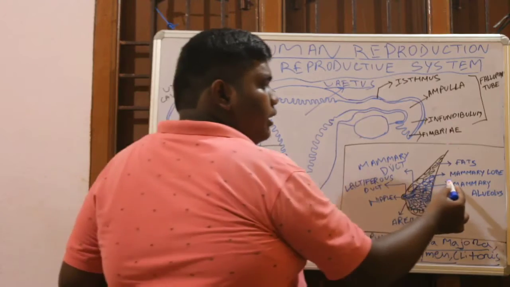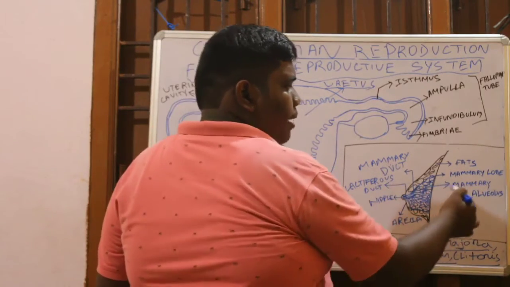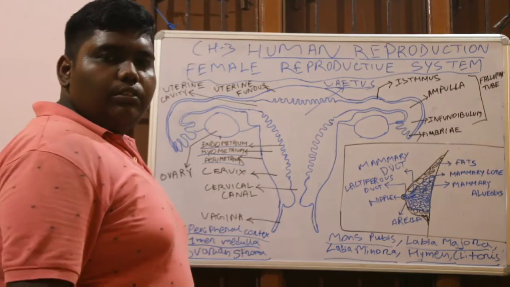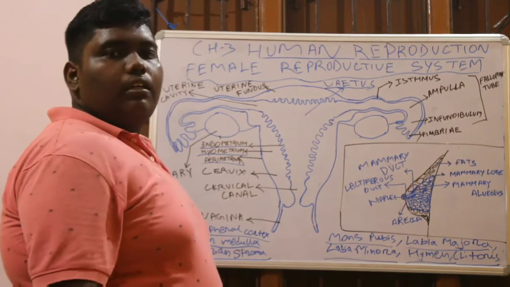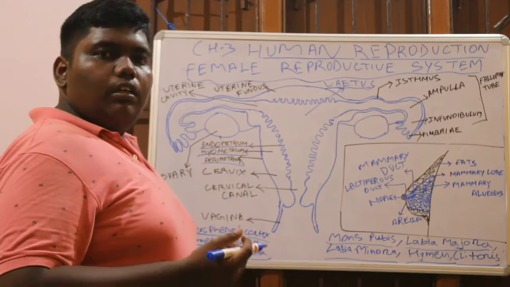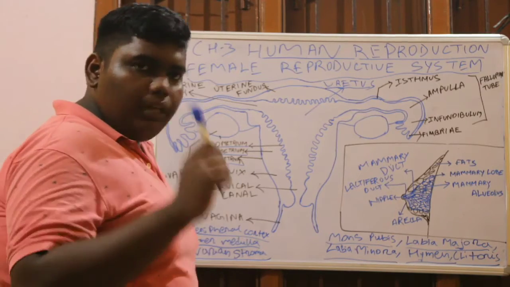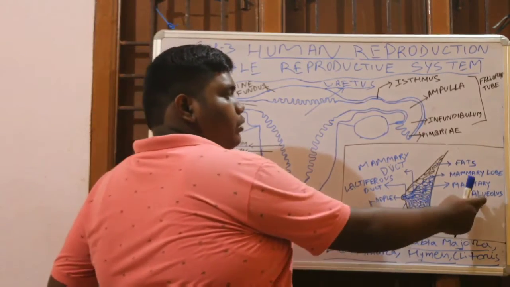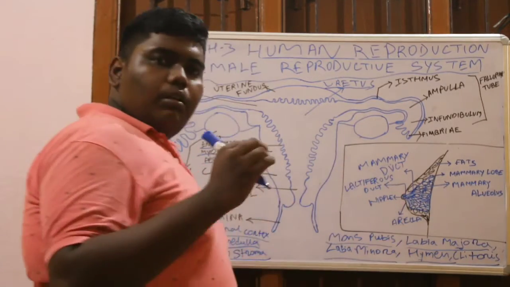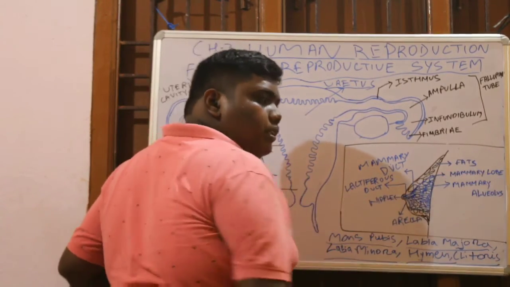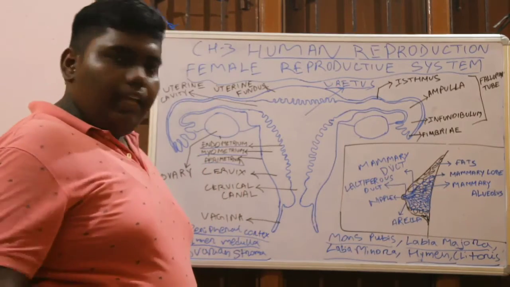It contains mammary lobes and mammary alveoli. These mammary alveoli produce milk, the mammary secretion that has to be secreted out, and the mammary lobes store it.